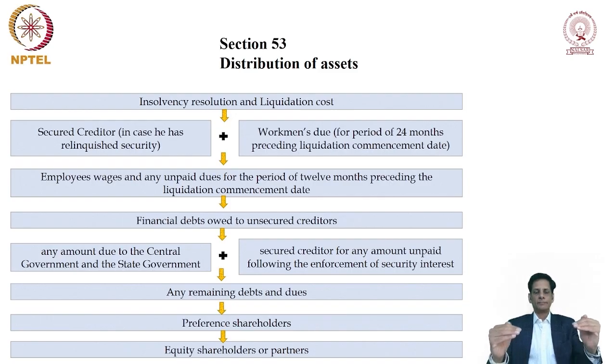Once you complete payments to all these parties under section 53, then if there are any other remaining debts and dues, those can be paid. Now, ironically, all the investors who had put large amounts of monies into the functioning of the company will have the last priority, and among those also preference shareholders will rank above the equity shareholders, and the last of the claimants can be only equity shareholders.